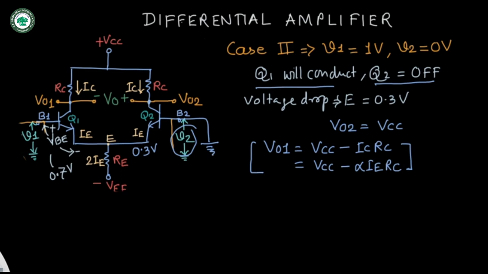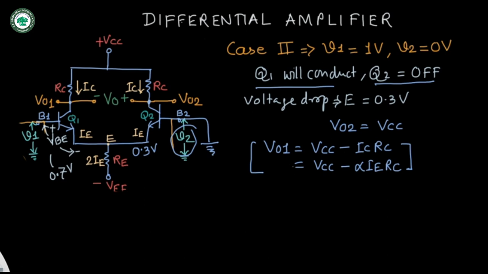That means wherever we apply 1 volt at B1, we will get output VO1 equal to VCC minus alpha into IERC, and the second transistor remains off because there is no base voltage applied, and therefore it gives the collector output voltage due to this VCC.